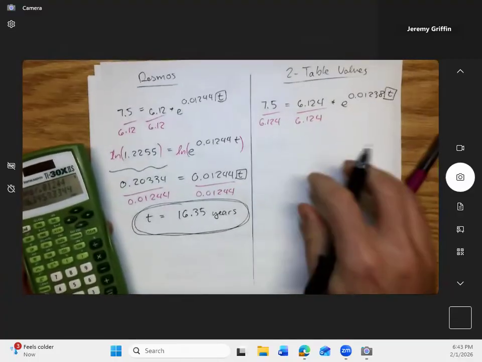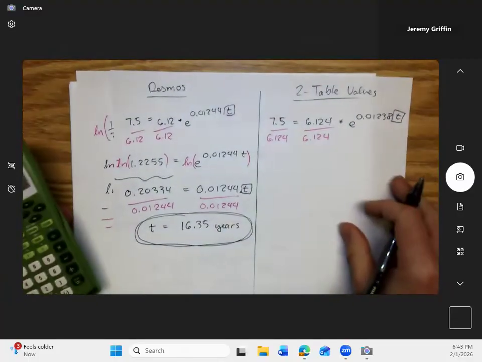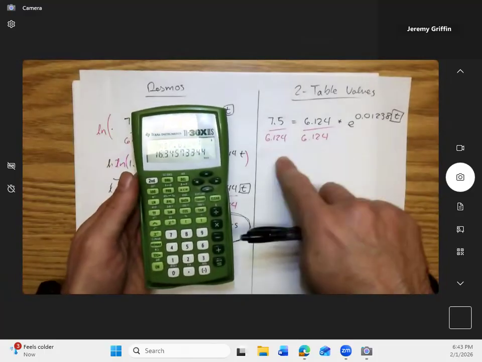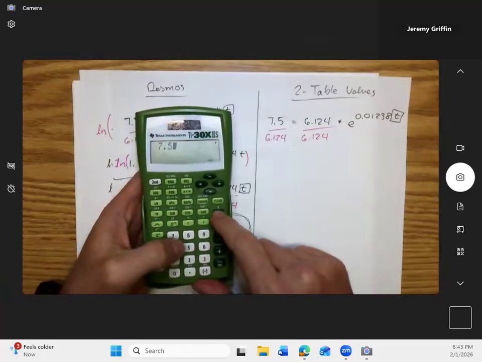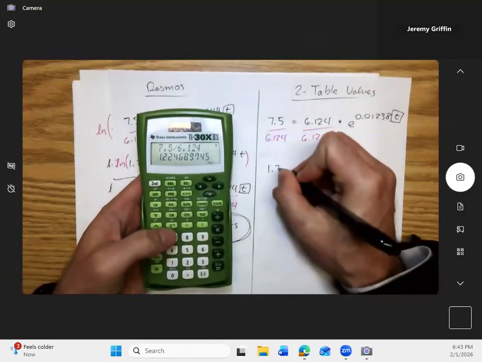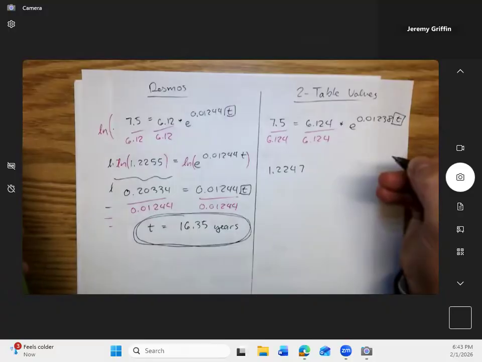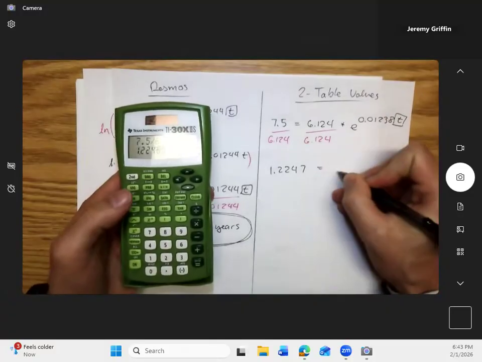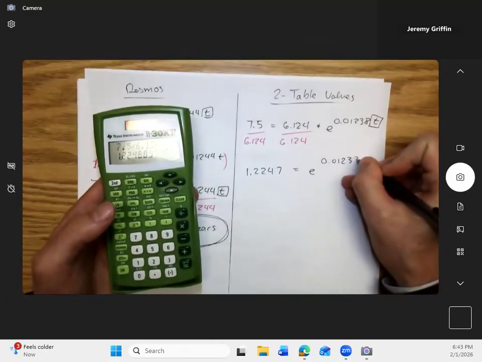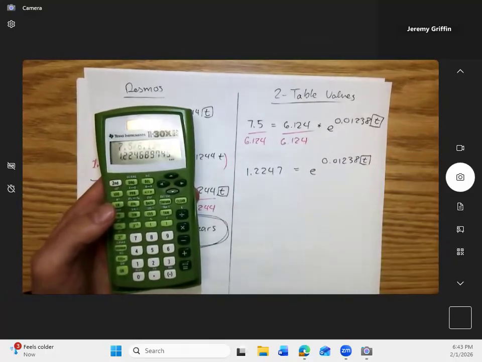Now this other slightly different equation, probably slightly different, but let's see how close it is to this. The coefficient here is not 5 or 6, it's 1, 2, 4. So this is 1.2247 equals e to the 0.01238 t.